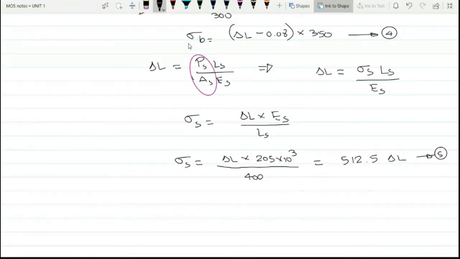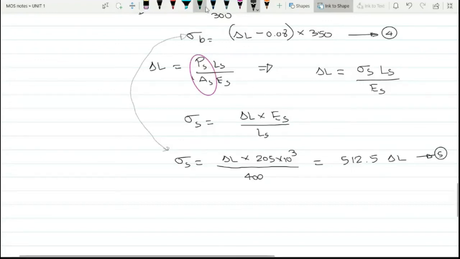Now we know that the stresses for these two are equal, so sigma B is equal to sigma S. I can equate them now; previously I couldn't equate them because I didn't have del L. Because our aim is to identify del L, I did it separately and am now equating it.